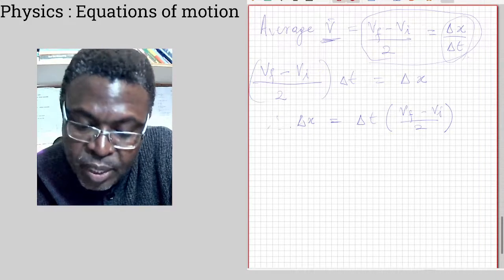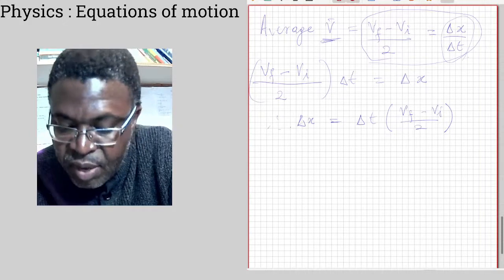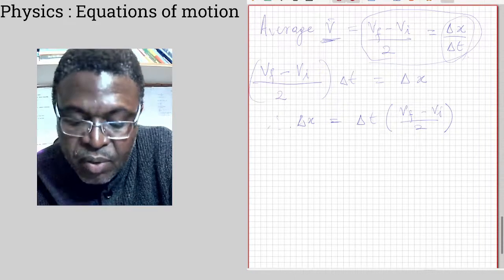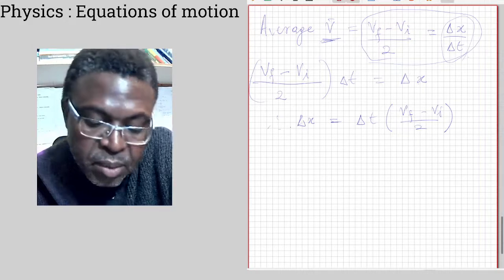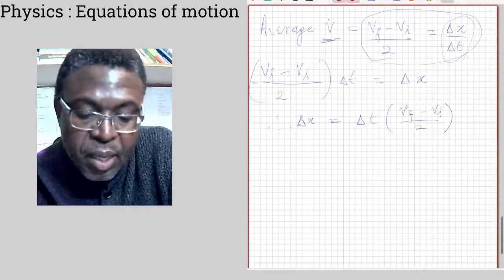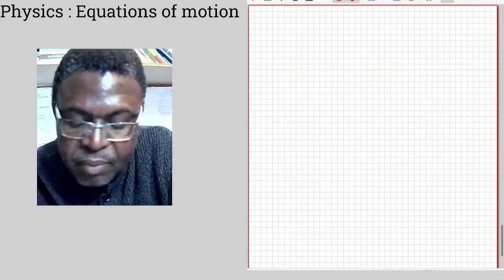So we equate Vf minus Vi over 2 and displacement over time, and we made change in displacement, change in x, the subject of the formula. That's it. Nothing more, nothing less.